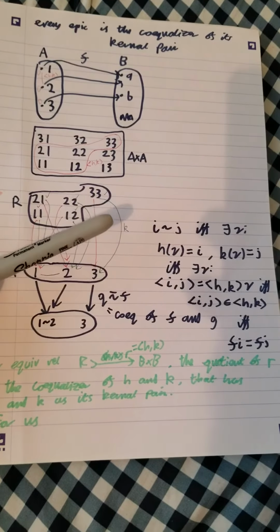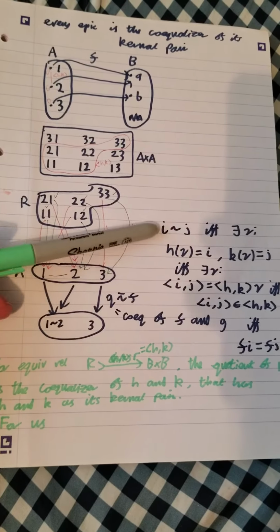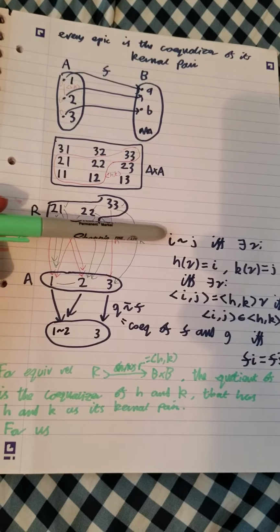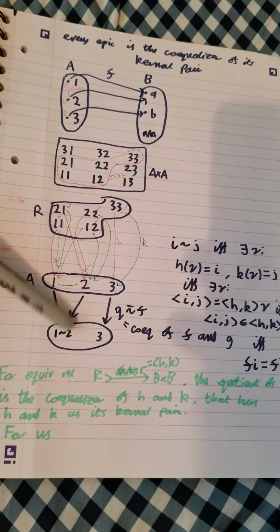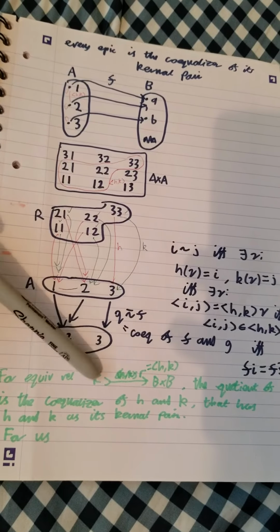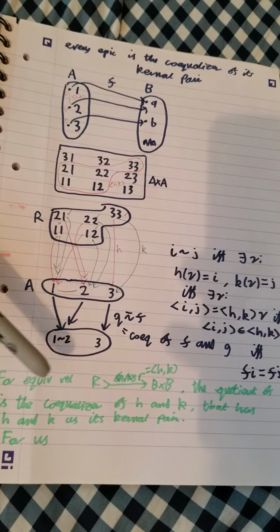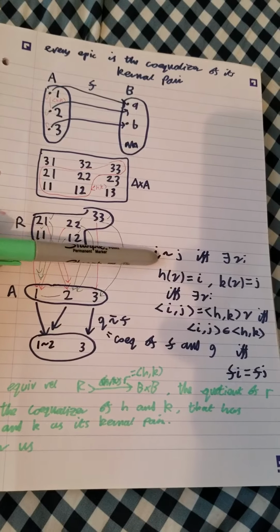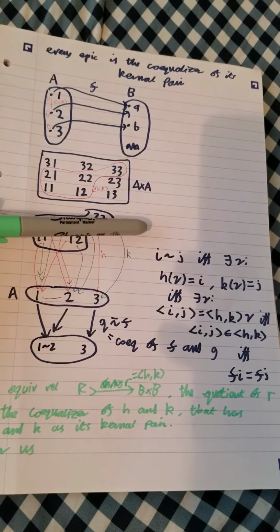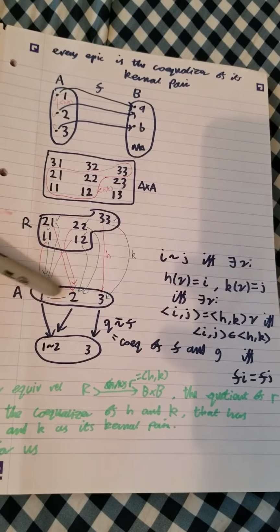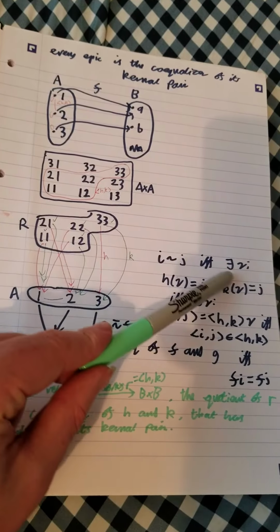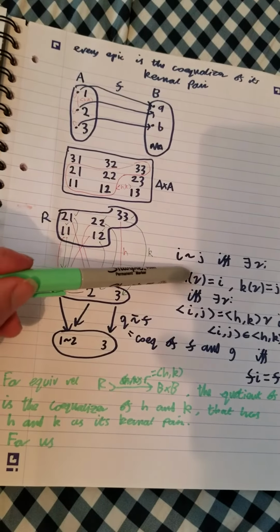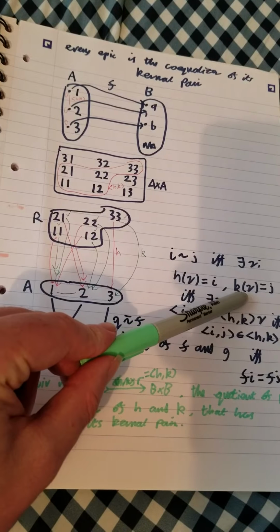So what's the intuition behind this? Well, some rough intuition is like this. We'd be identifying i and j when we're constructing the co-equalizer. This is in the category of sets, but the way this works in toposes is kind of similar. We'd be identifying i and j, so these would be i and j in here, for example this 1 and 2, when there exists a v in R such that h of v equals i and k of v equals j.